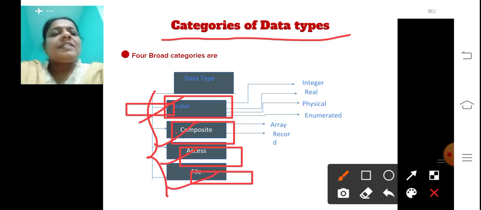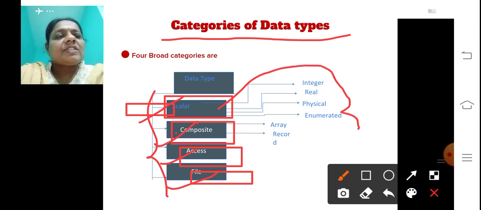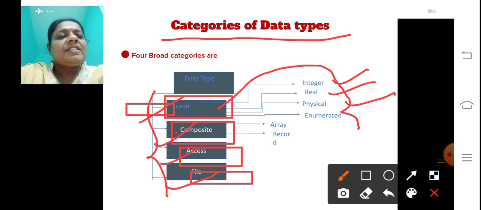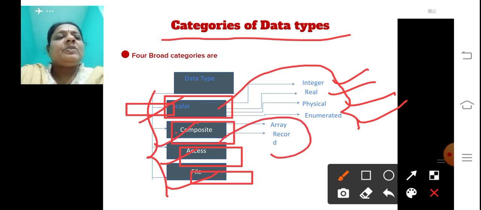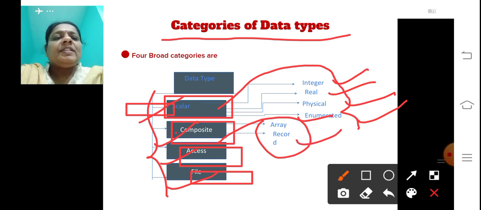The scalar type is divided into four types: integer, real, physical, and enumerated data types. Composite is divided into two types, array and record. Usually access and file are called the advanced data types.